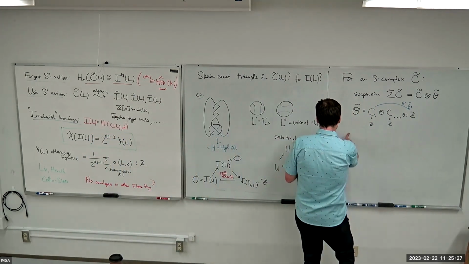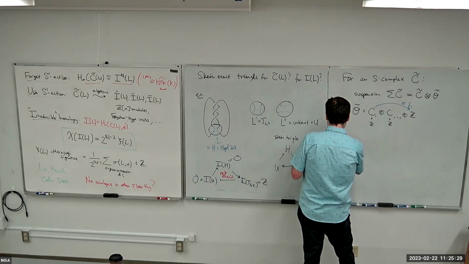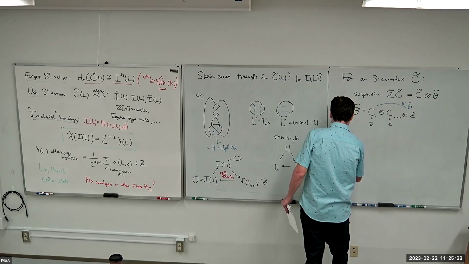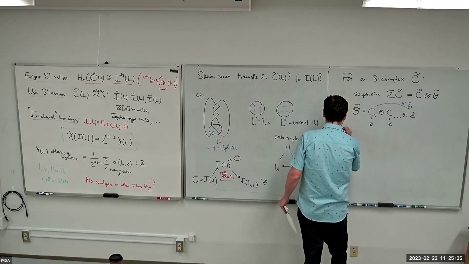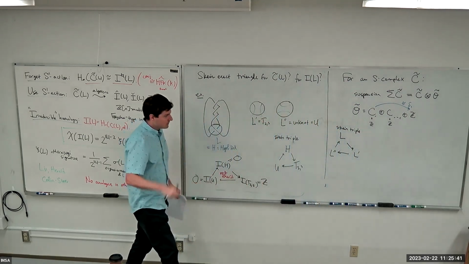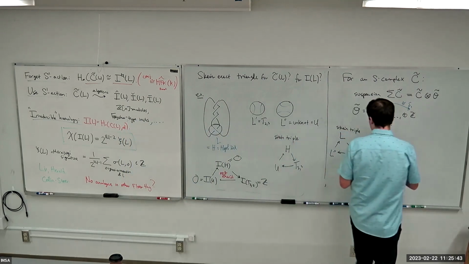The other thing I need to tell you is if you do have a skein triple, which I'll write like this, there are some numerical quantities we can define.